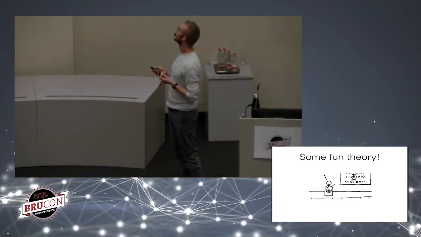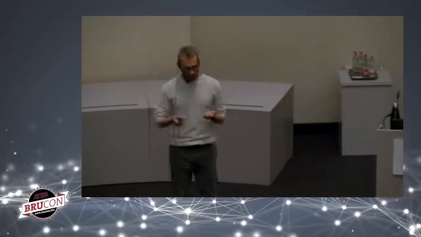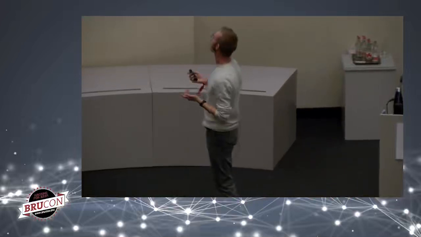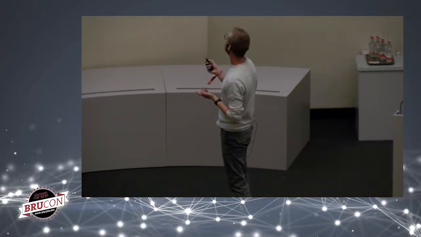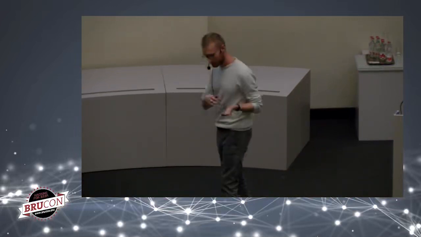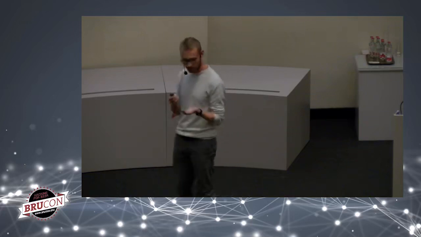Okay. So some fun theory to start with. So what is this secure link that we are trying to build? Conceptually, this is a channel which we're going to use to send over different messages, and we want those messages to have very specific properties. More specifically, we want to guarantee that what we send over this link is, first of all, confidential, that no one can read what we are sending.